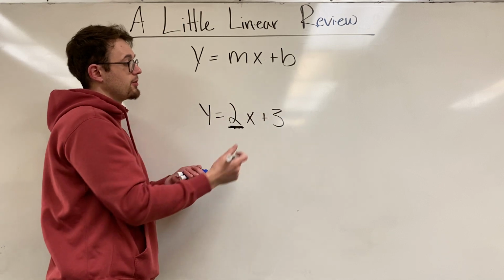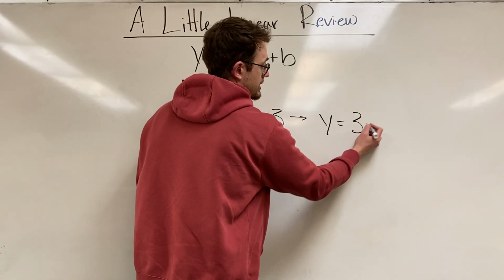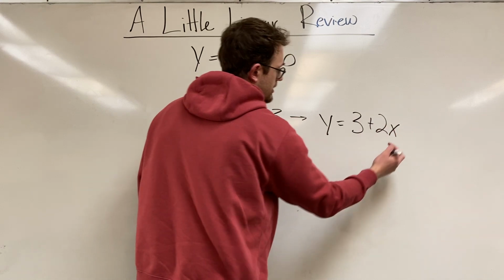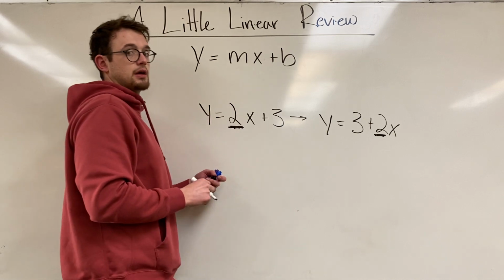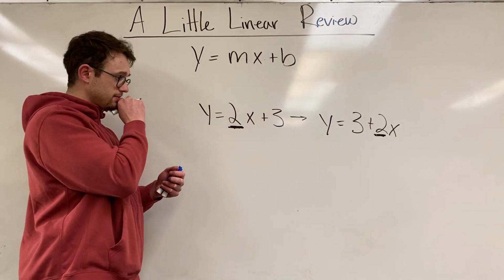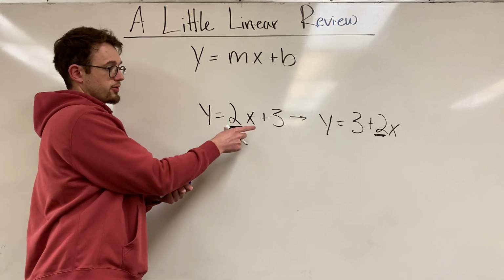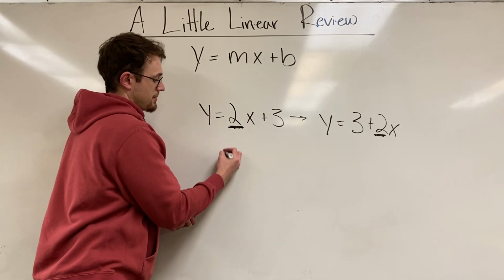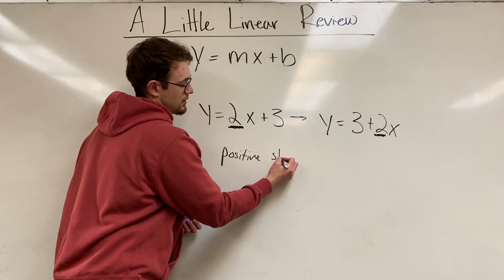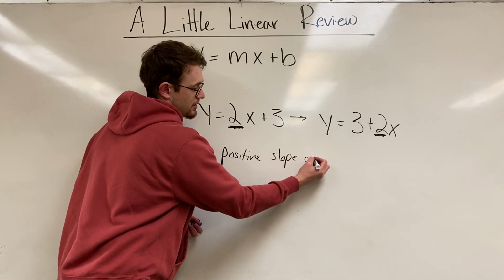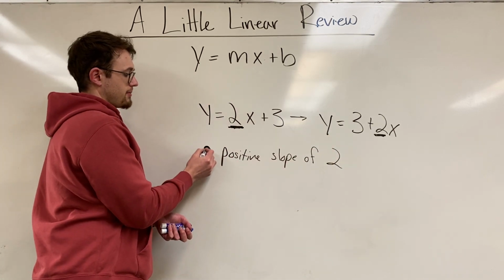So even if I were to rewrite this as y equals 3 plus 2x, this is m because it's next to x. So is that a positive 2 or negative 2? It's a positive 2. So this equation has a positive slope of 2.